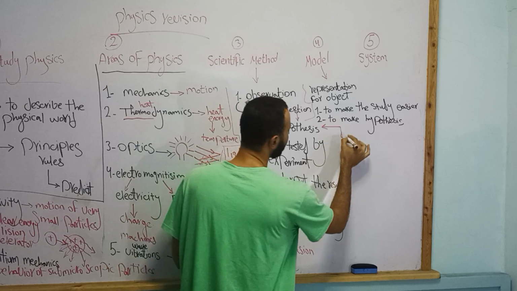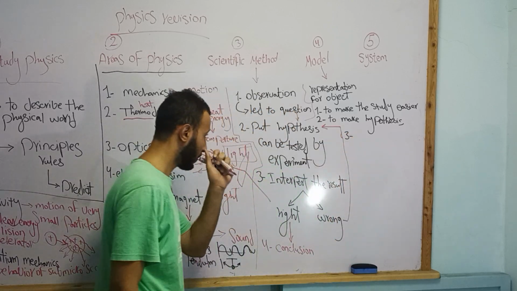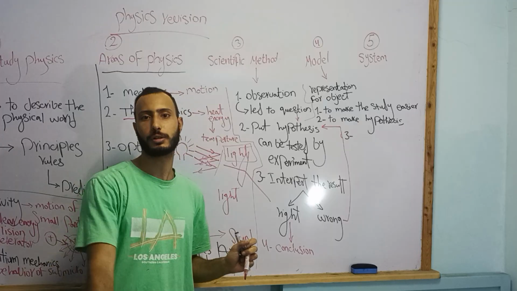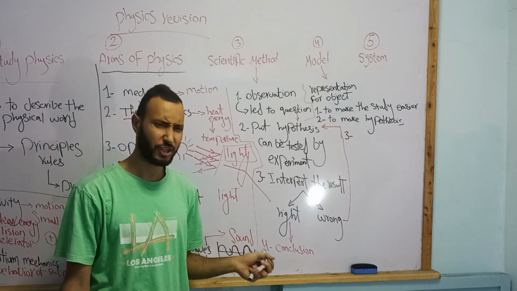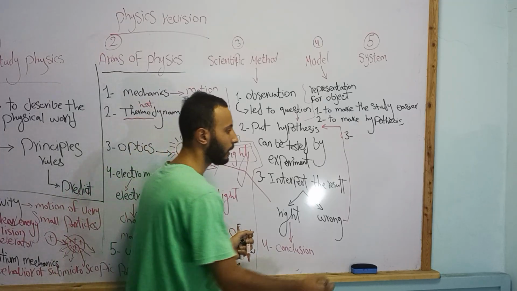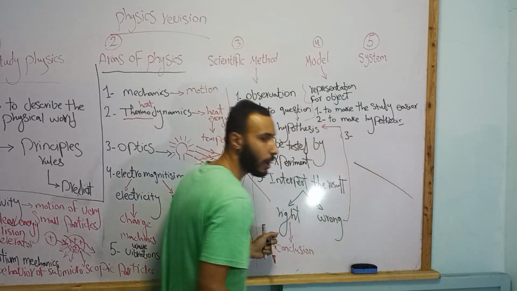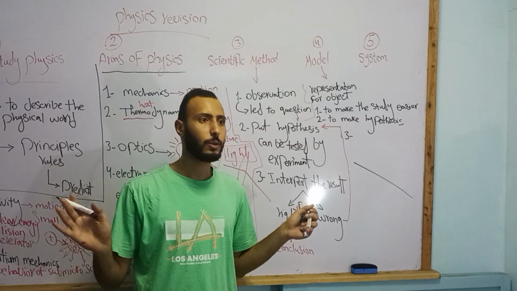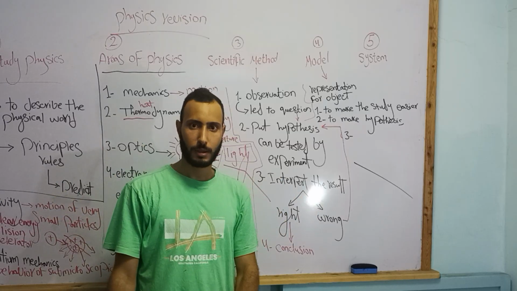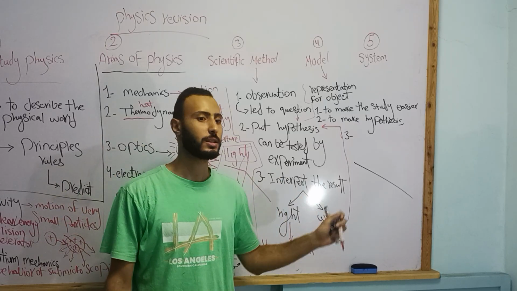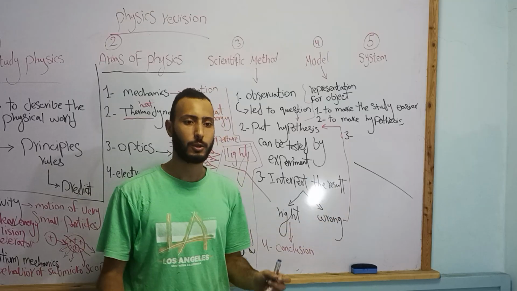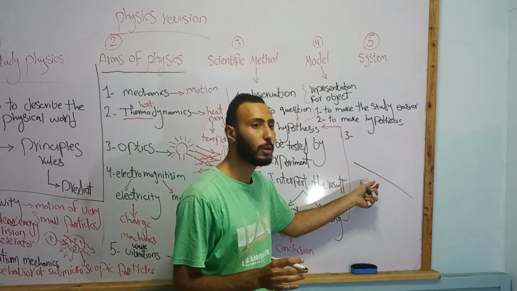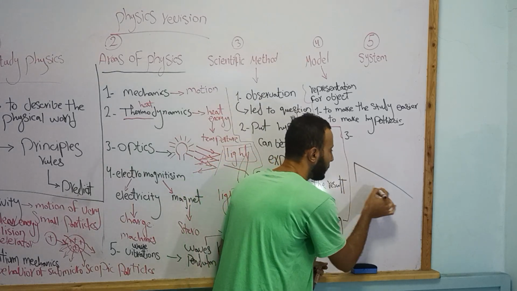Okay, then number 3. Also, you can predict something that will happen in the future. Just like Galileo when he said that all objects fall at the same time. But all the people at this time didn't believe what Galileo said. So Galileo just made a model for his explanation.